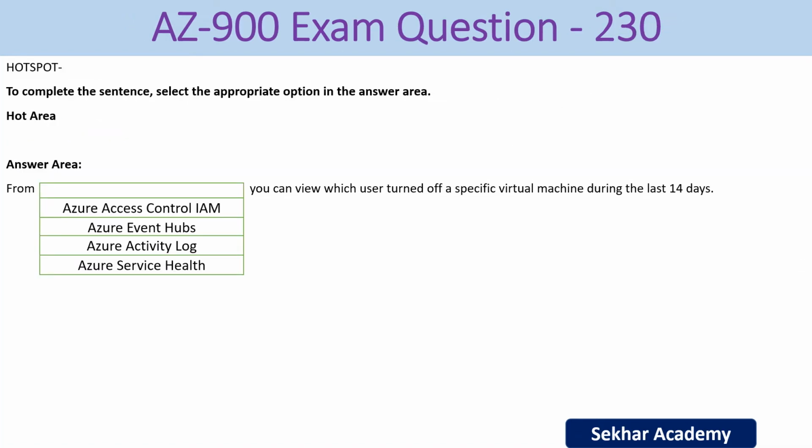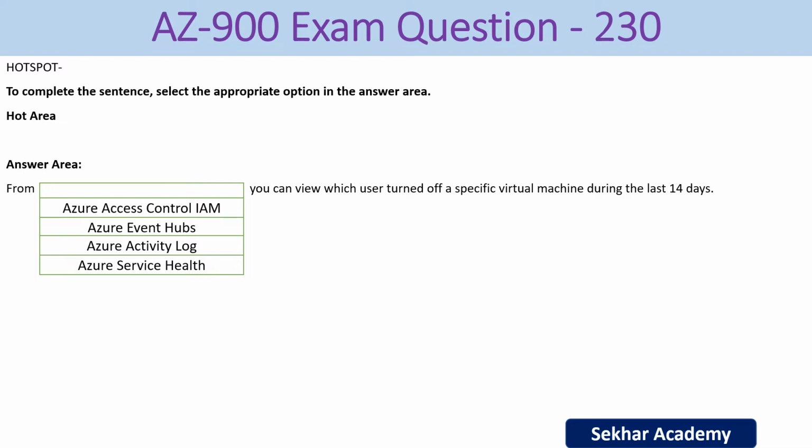Next question, question number 230. We have to fill in the right option here: you can view which user turned off a specific virtual machine during the last 14 days. The options we have are Azure Access Control IAM, Azure Event Hubs, Azure Activity Log and Azure Service Health.